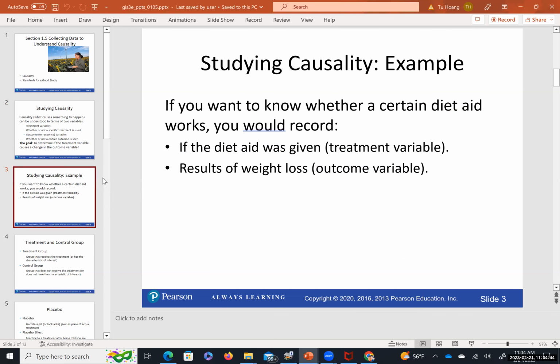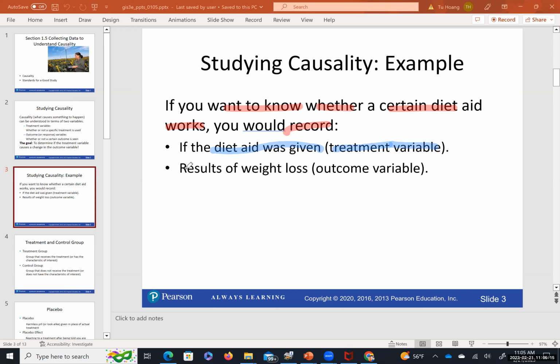Here's an example of studying causality. If you want to know whether a certain diet works or not, you record it. If diet A was given, so we need a treatment variable.